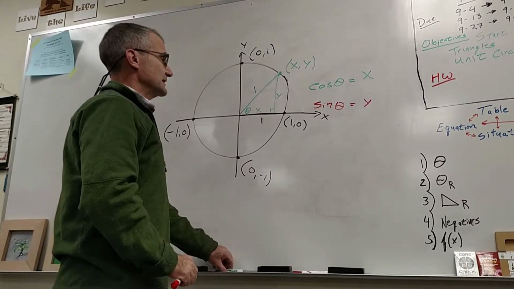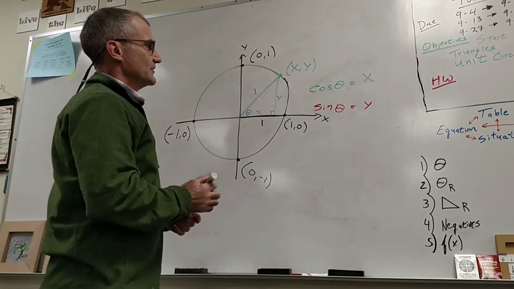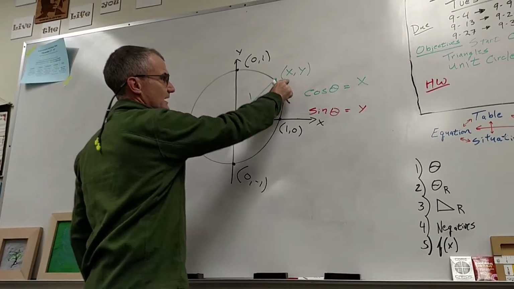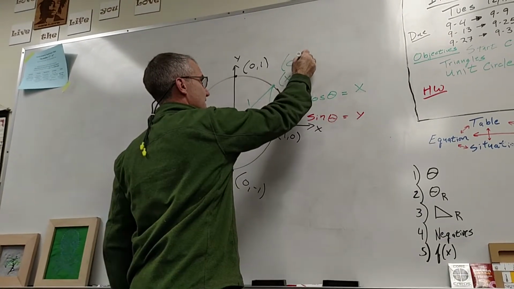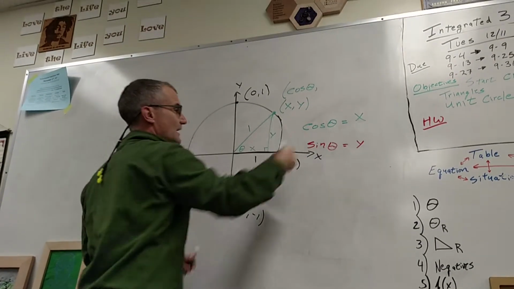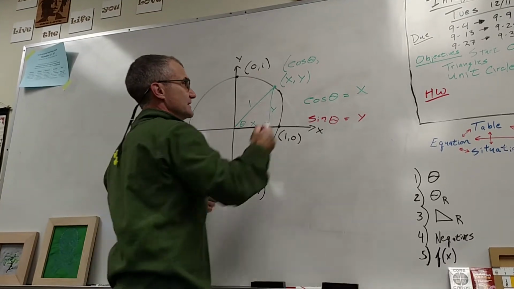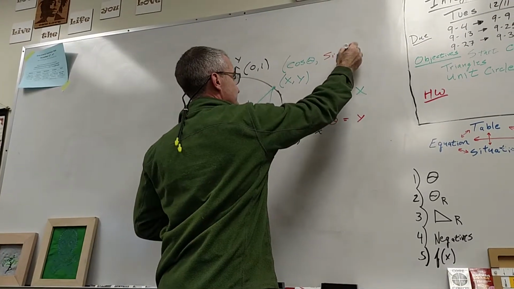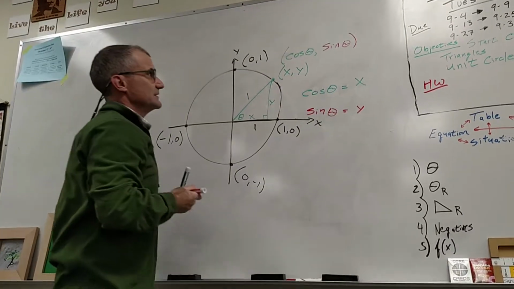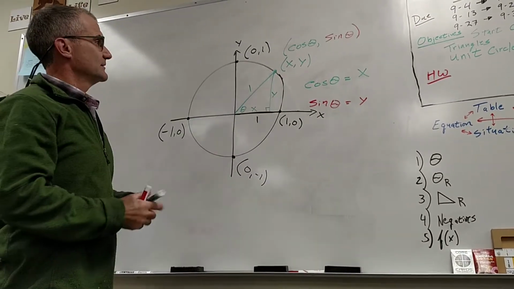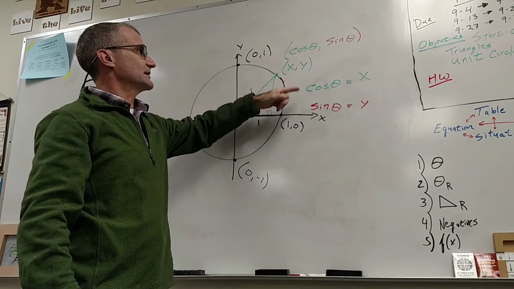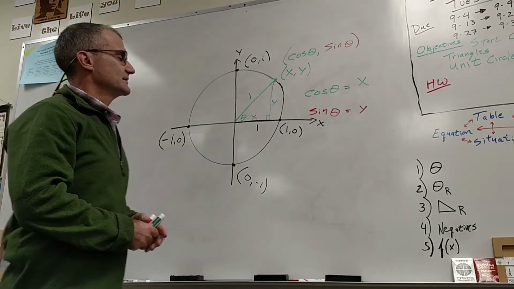So this coordinate, xy, could also be the coordinate with x replaced by cosine of theta. So x could be cosine of theta, and y would be sine of theta. So you have any coordinate here on the unit circle where the hypotenuse is 1, where x is cosine of theta and y is sine of theta.